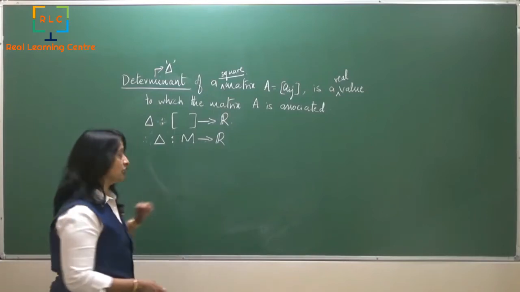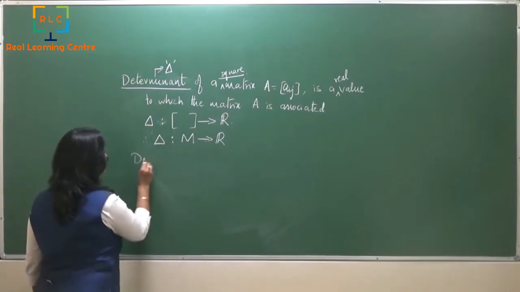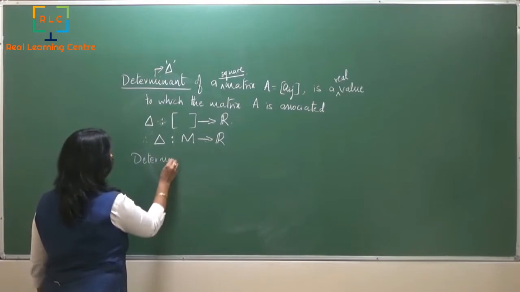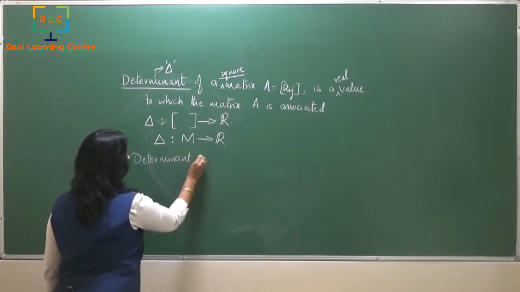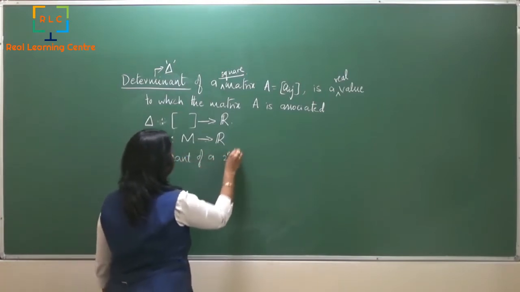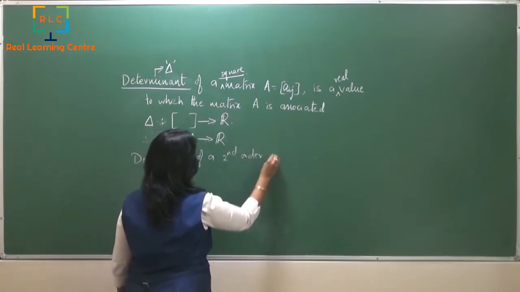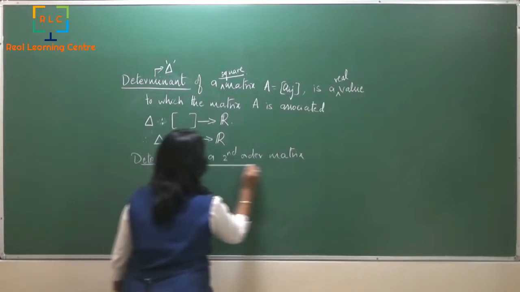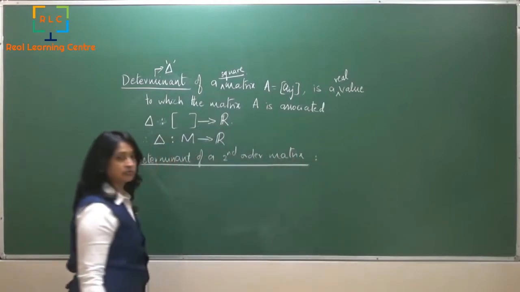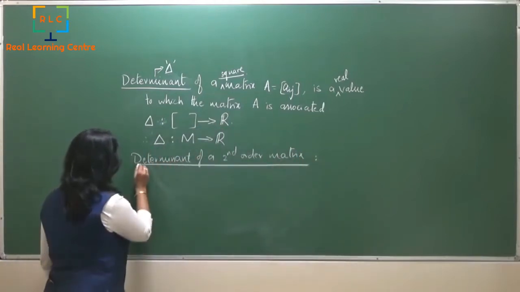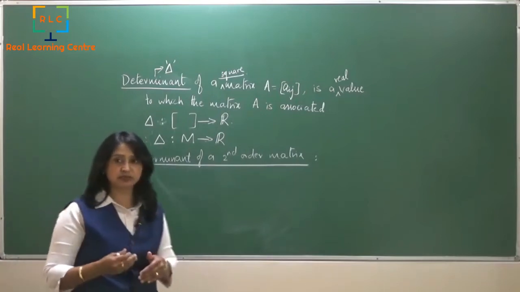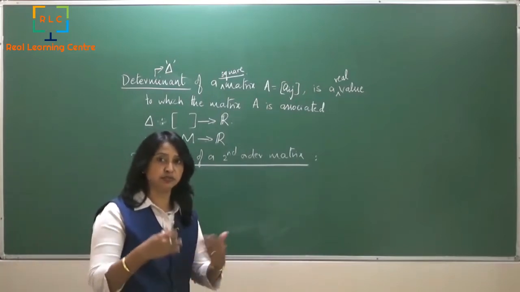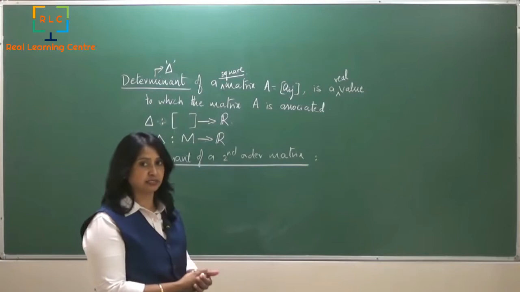So now we are learning the determinant of a second order matrix, which you have already learned. This is a procedure which has not been derived, but it has been universally accepted, like an axiom.